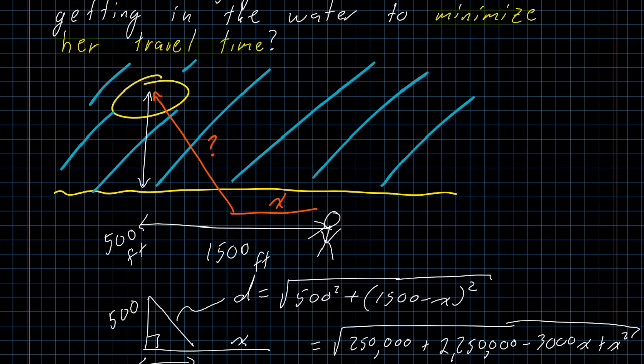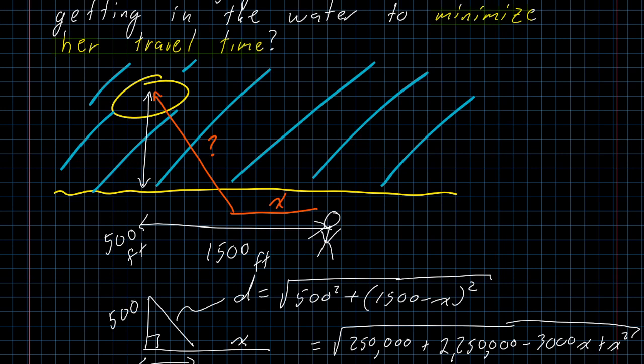If the person swam faster than they jogged, or even swam and jogged at the same rate, that would be the best choice. Our beachgoer could jog down the beach all the way to the closest approach and then swim out. That could be reasonable. I can imagine a world in which that is the best choice.